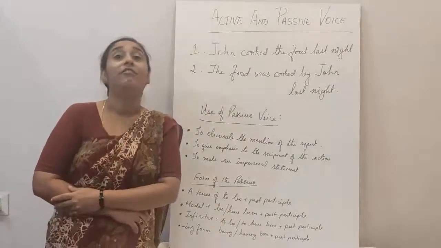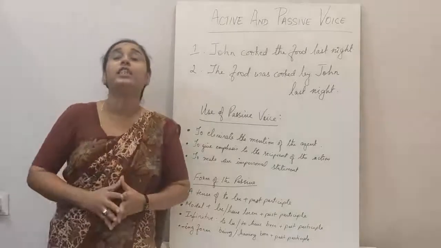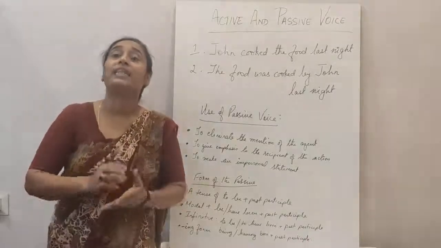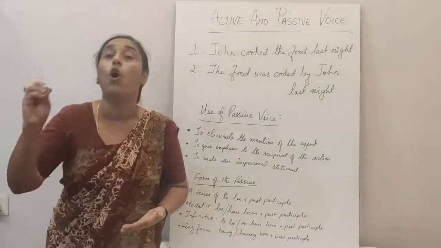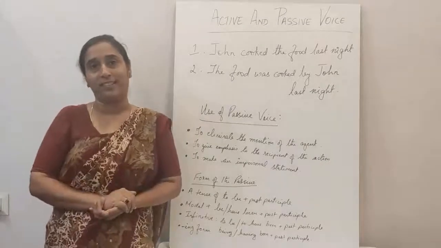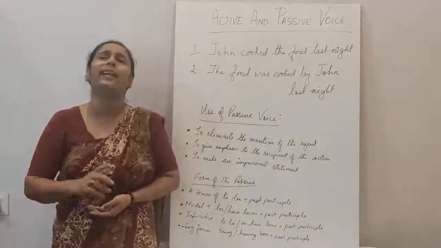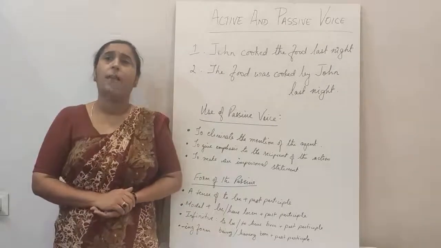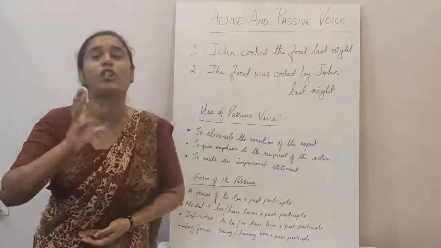A verb is in the passive voice when its form shows that something is done to the person or thing denoted by the subject. Active voice is more commonly used as compared to passive voice because it is direct and forceful.